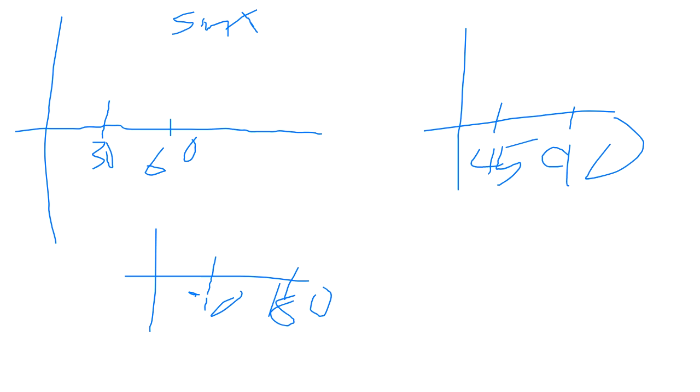So, your step is always the period divided by 4. This is for cos and sine graphs.